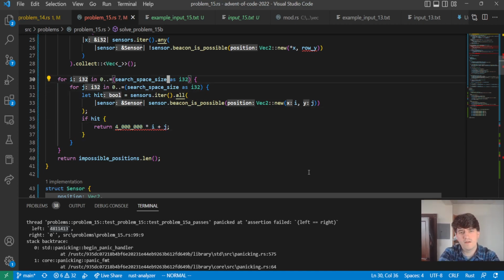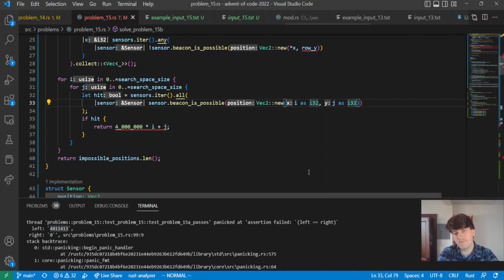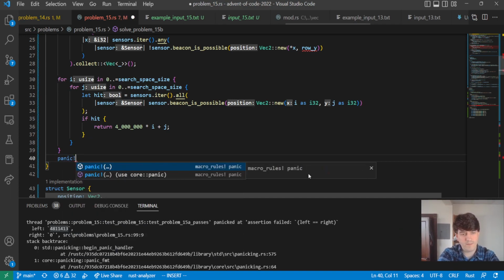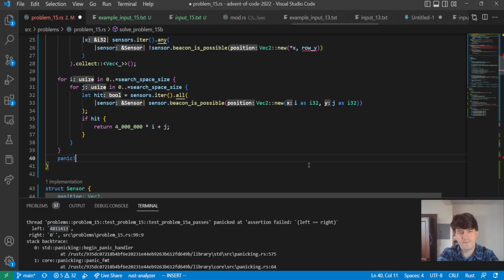Actually, I'll love this now that I'm thinking about it. So let's not do this here, and then we'll just do it here as i32, as i32. Okay, and this should never return, and if it gets here, we panic. That's fine.